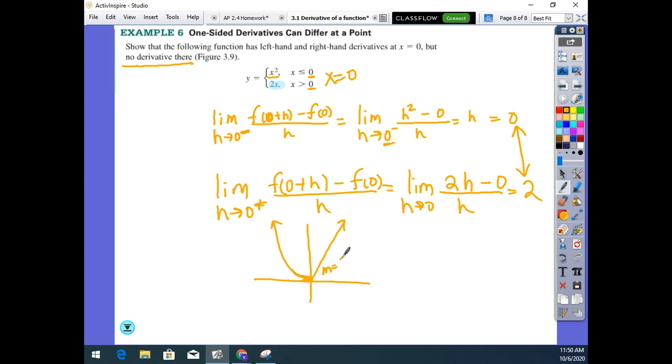So on this side m is 2, on this side the slope is approaching 0 from the left. These slopes are not the same, so you've got to get it through your head that the derivatives are finding the slope of the tangent line every single time.